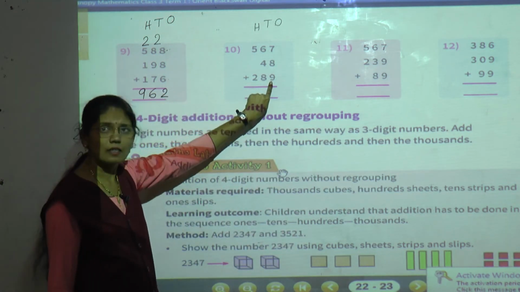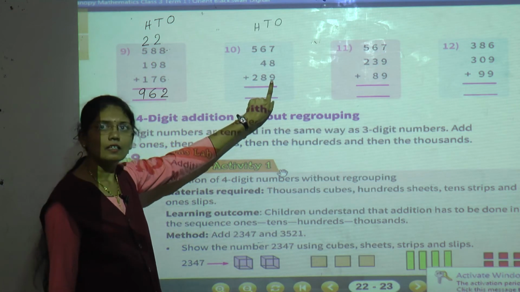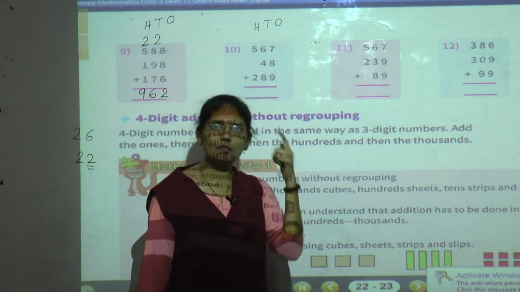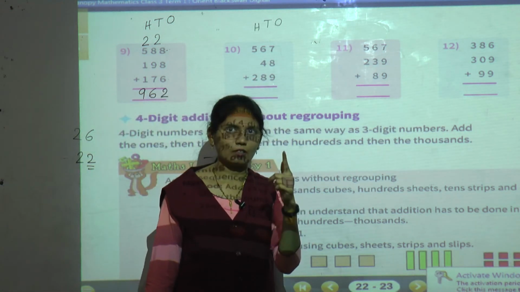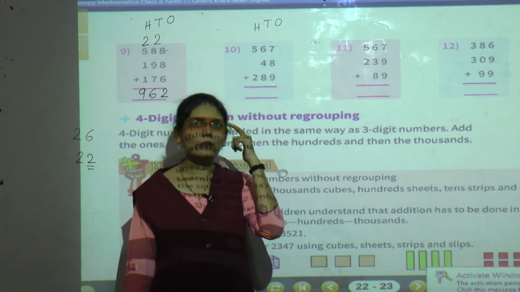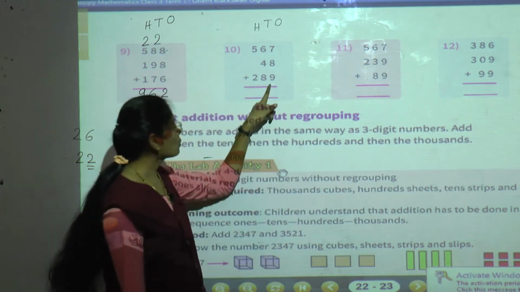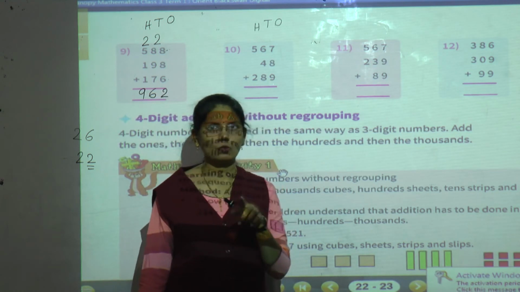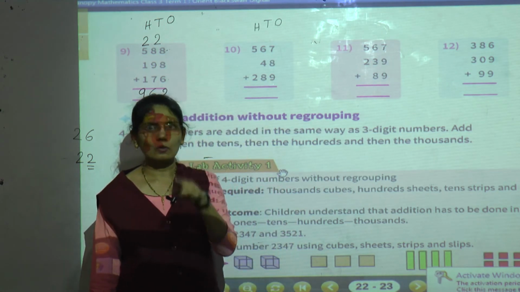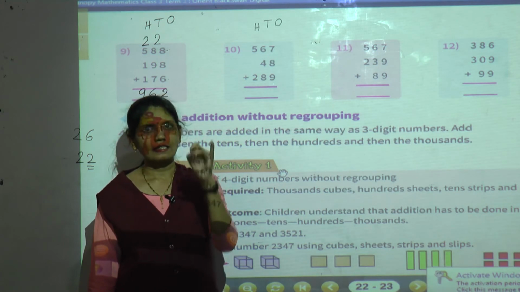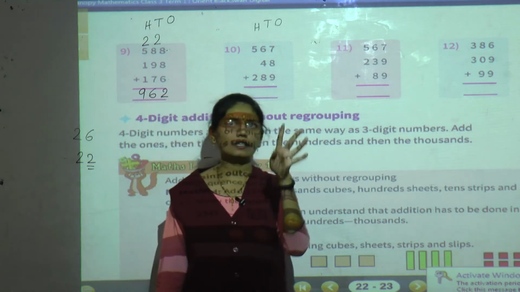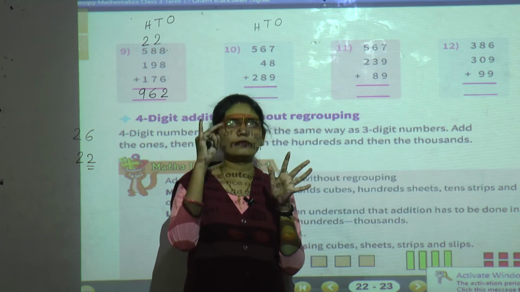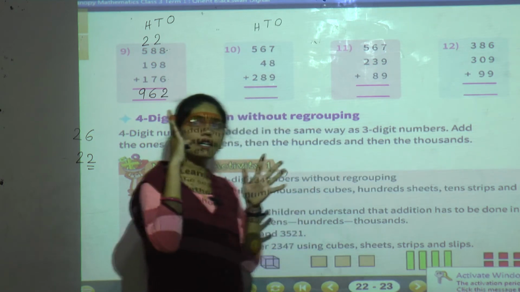Now see the next number. Which number is there? 9. Okay. And in our mind which number is there? 15. Remember this. In our mind 15 is there and we have to show 9 fingers. So show your 9 fingers. Okay. After 15 count your 9 fingers. 16, 17, 18, 19, 20, 21, 22, 23, 24.